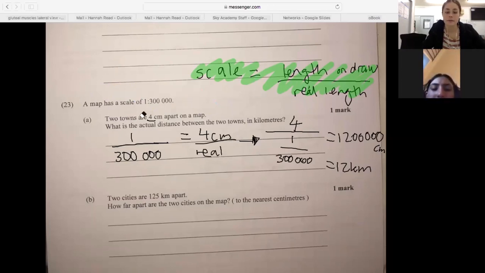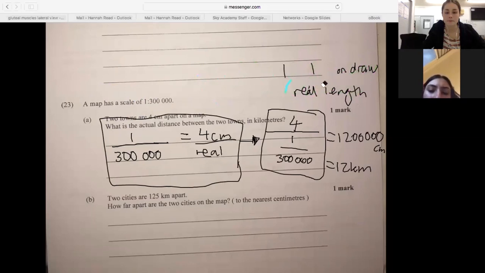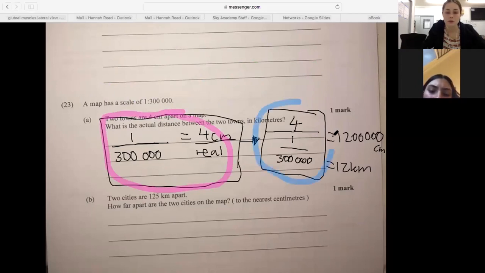Wait, do you know how I went from this to this? I went from the pink to the blue. Because you want to get the real length by itself.